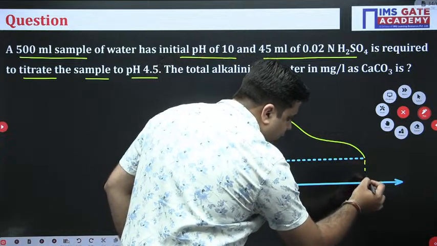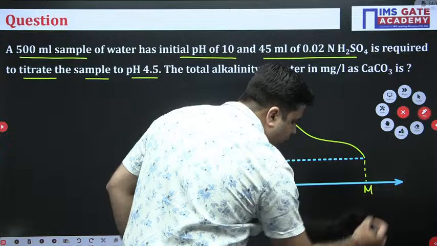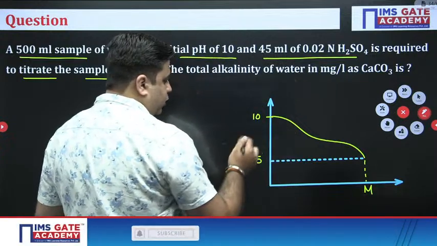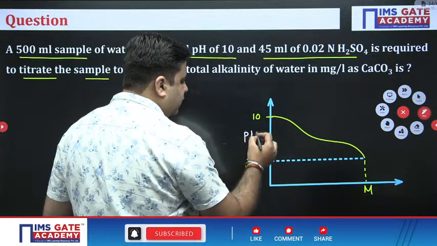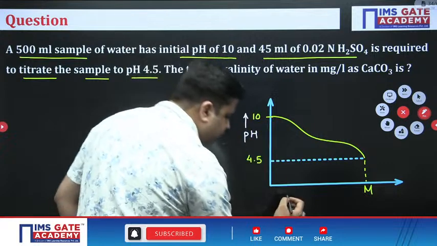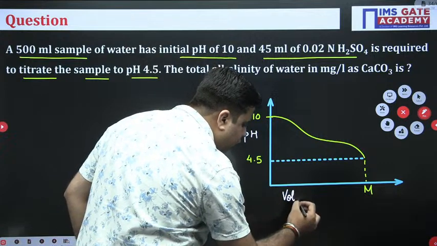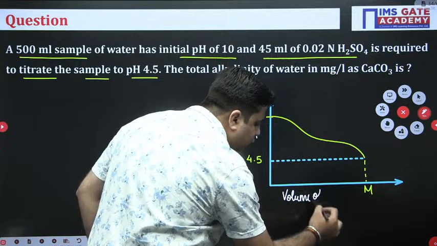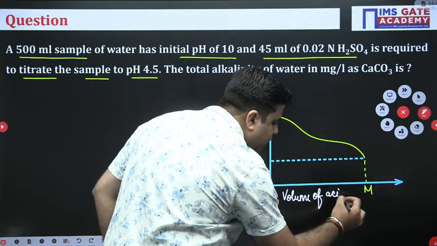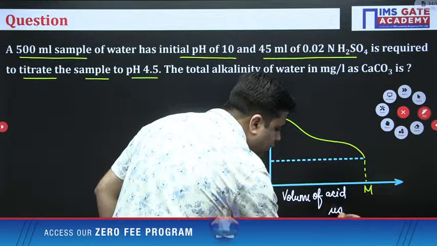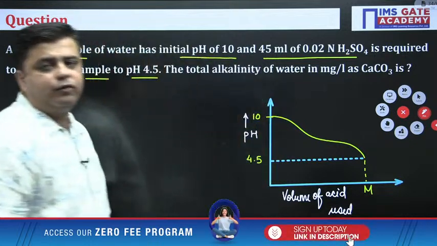And here you will measure the total volume of acid used, which is in ml. So this is the plot between pH and volume of acid used.